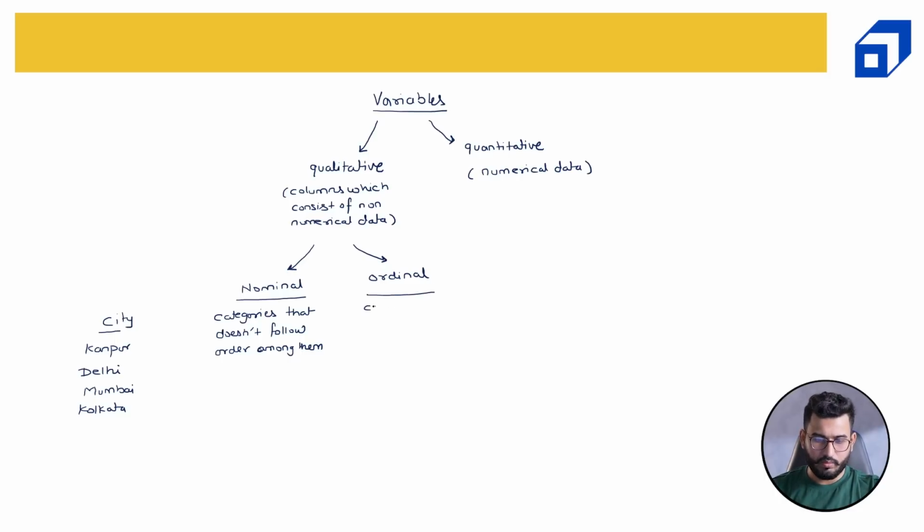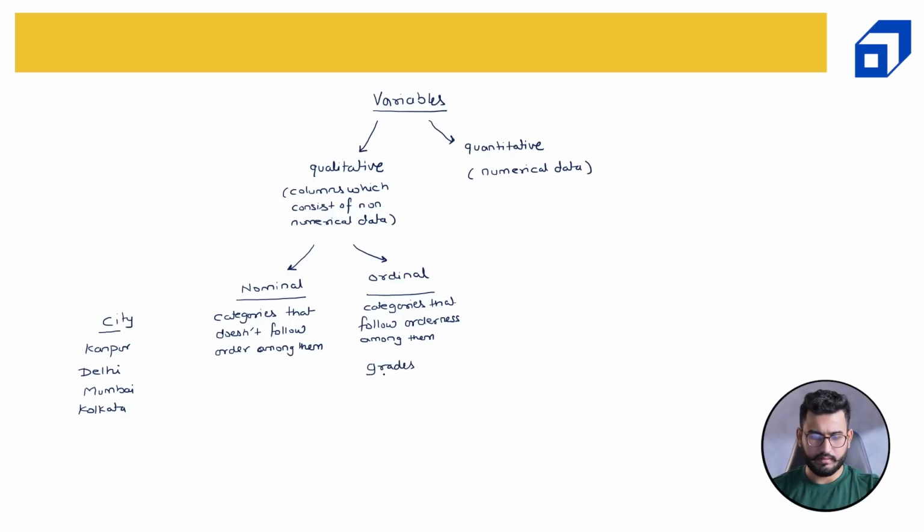It is basically those categories that follow orderness among them. For example, grades is the best example.